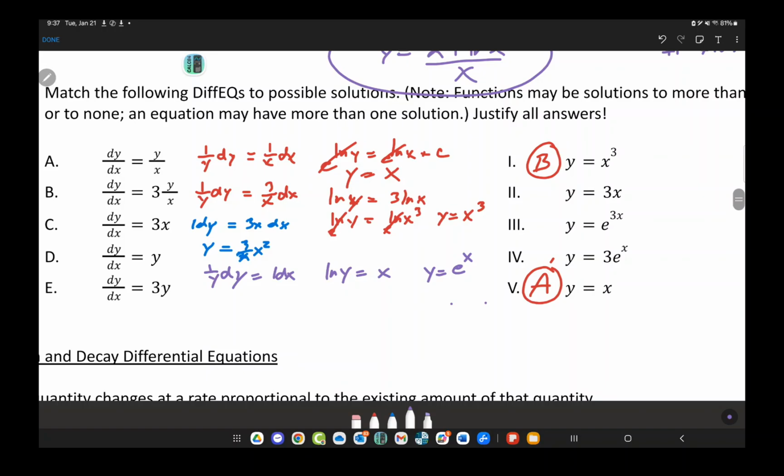Do I have any e to the power of x? No. I just have a coefficient, right?